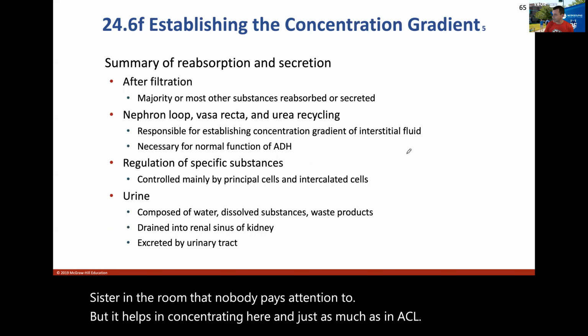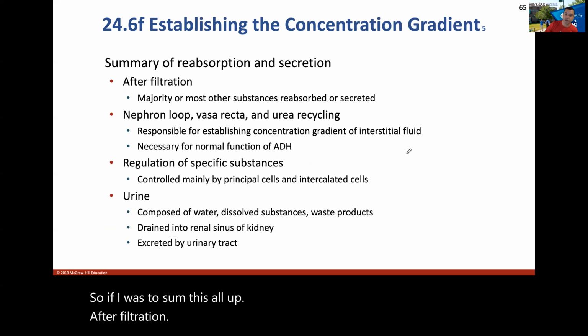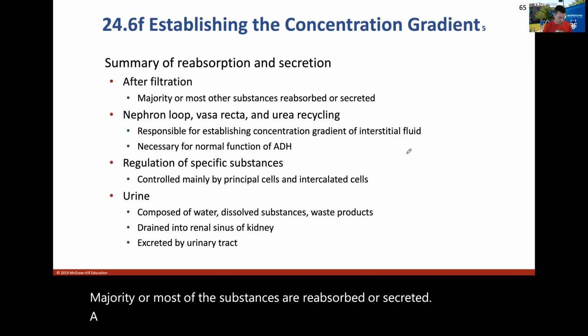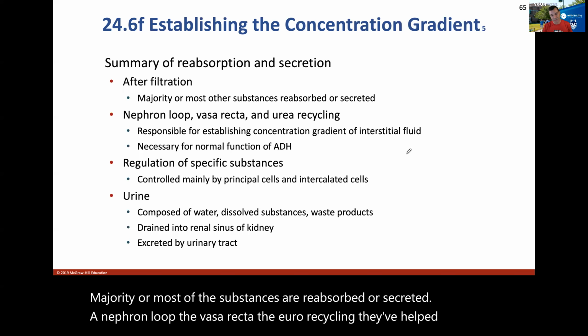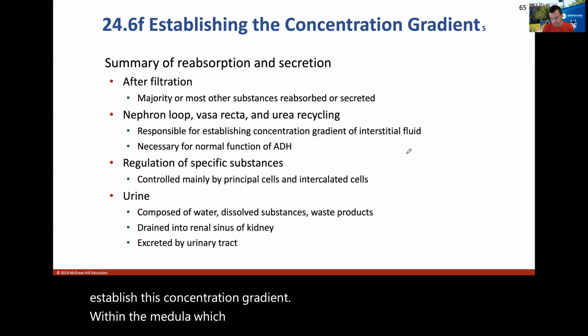So if I was to sum this all up, after filtration, most of the substances are reabsorbed or secreted. The nephron loop, the vasa recta, the urea recycling, they help us to establish this concentration gradient within the medulla, which is to say within the interstitium.